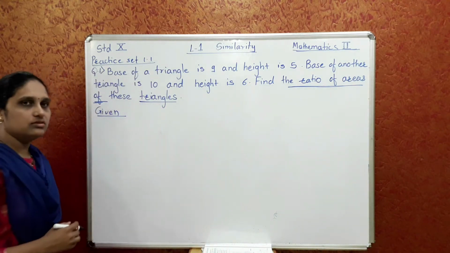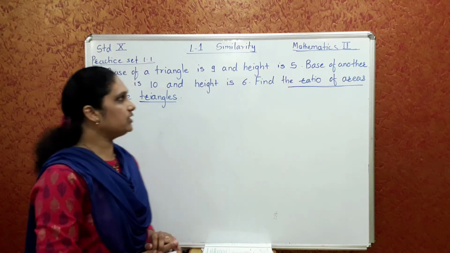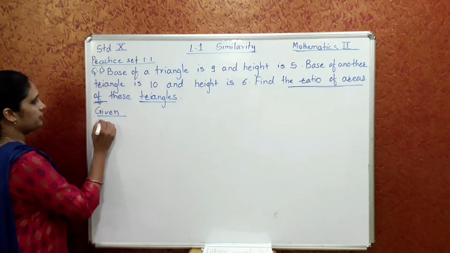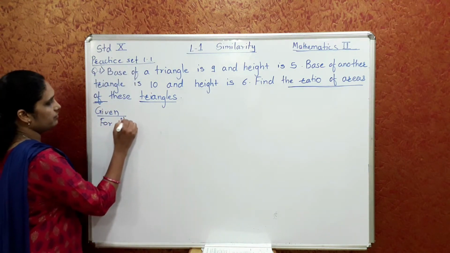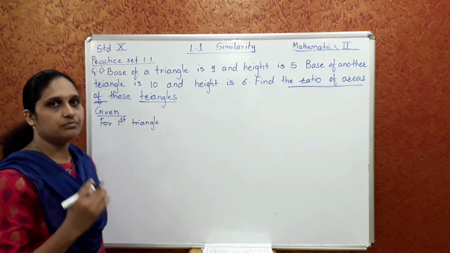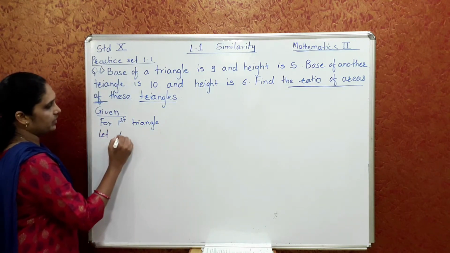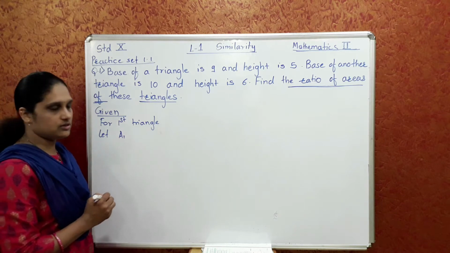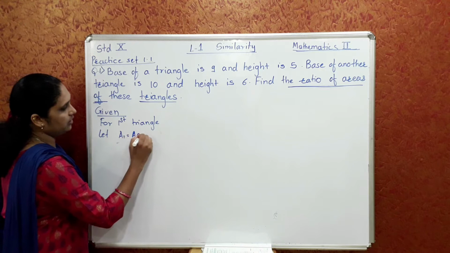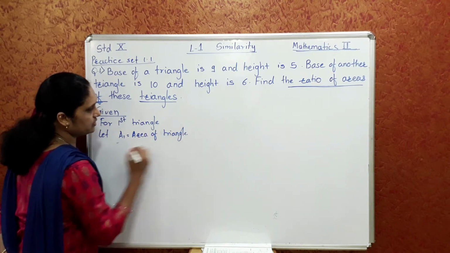Now in this sum there are two triangles given. So here we'll write the first information about the triangles. For the first triangle, we are going to consider height, base and area. Let A1 be the area of the first triangle.